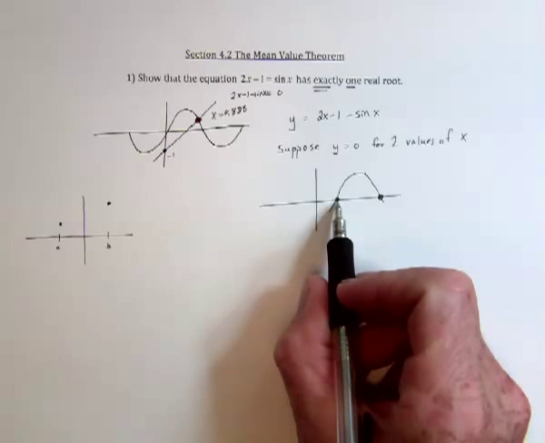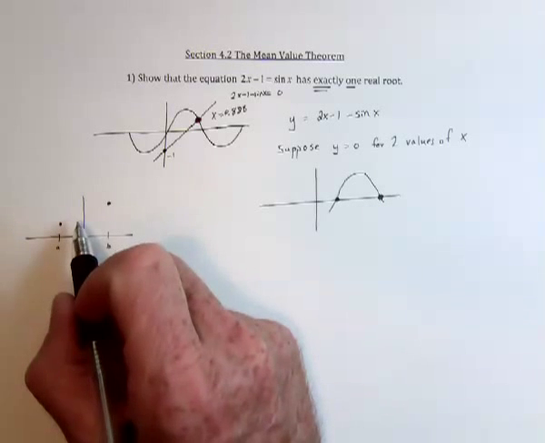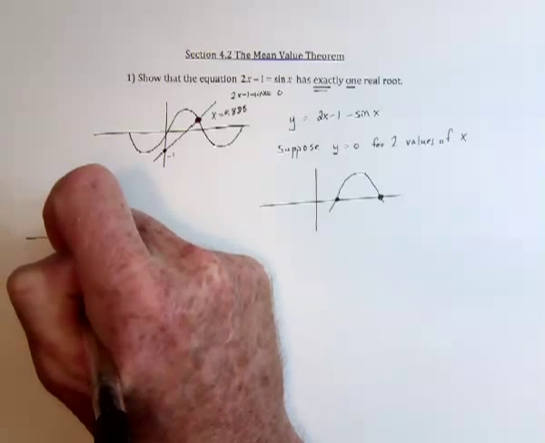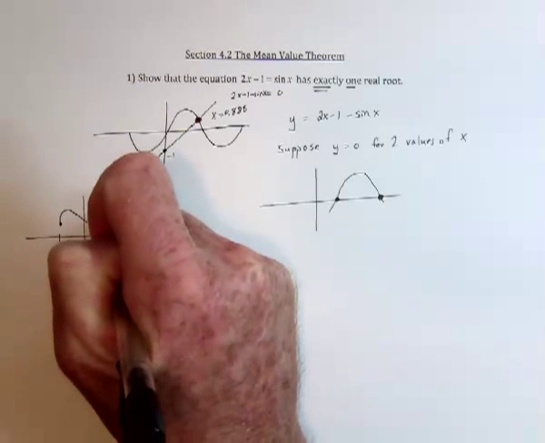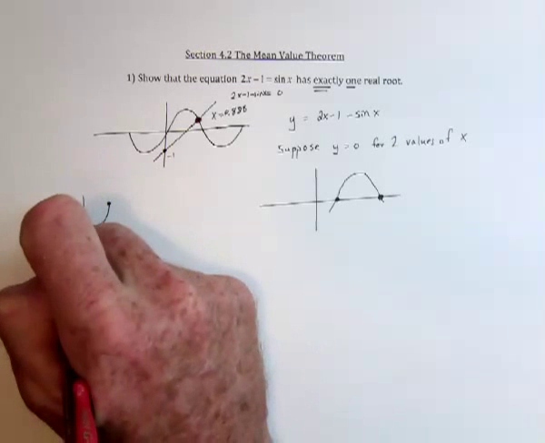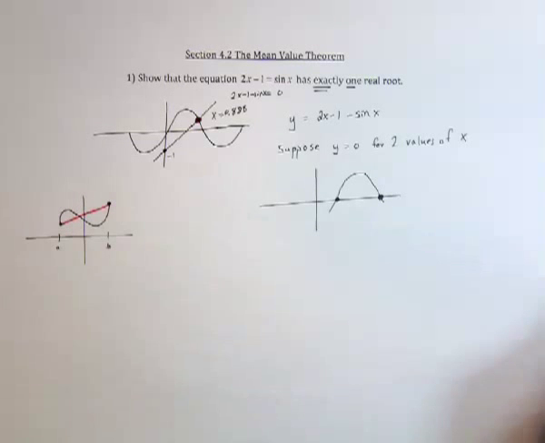This is just a special case where the height is 0 and the height is 0. But the general mean value theorem says, now suppose it's a continuous function. So no gaps or jumps or holes or asymptotes, just a nicely behaved function. Then it says, if you take the slope as you go straight from a to b, so that's just algebra, rise over run, find the slope of that red line.